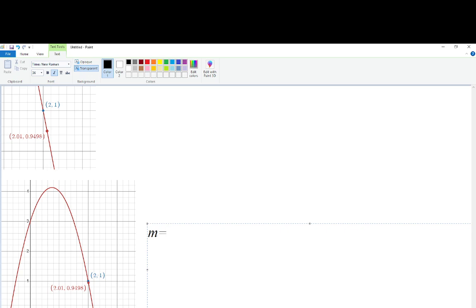y is equal to mx plus b, but m is equal to y2 minus y1 divided by x2 minus x1. And for x2 and y2, we're going to use the further right point, which is 2.01 for x2, and y2 turned out to be this. Okay.